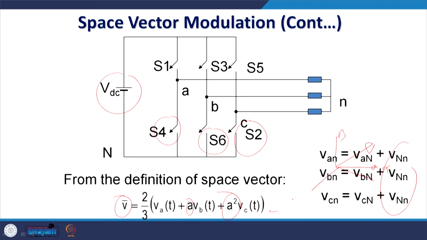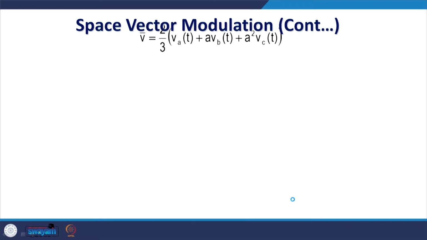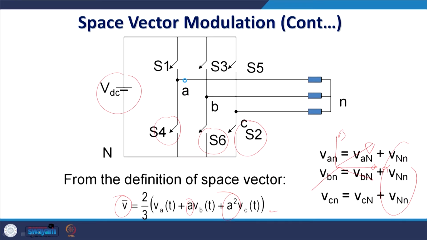Now we shall go to the next. The voltage of this is given by 2/3 VA, VB, VA and VB will be multiplied with A to make it 120 degree phase shifted, and VC will be multiplied by A square to get aligned with that particular vector. Now we can go back, that is VAN equal to capital VAN into ANN.